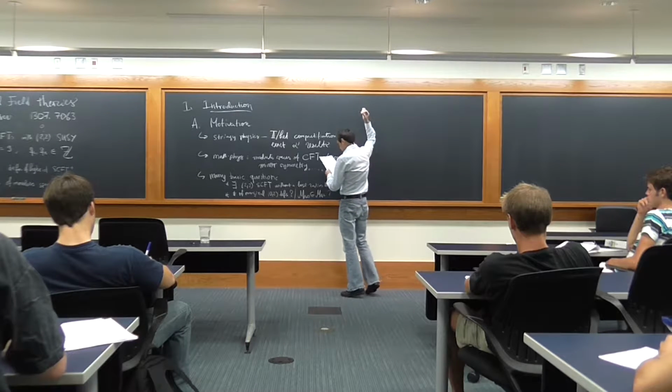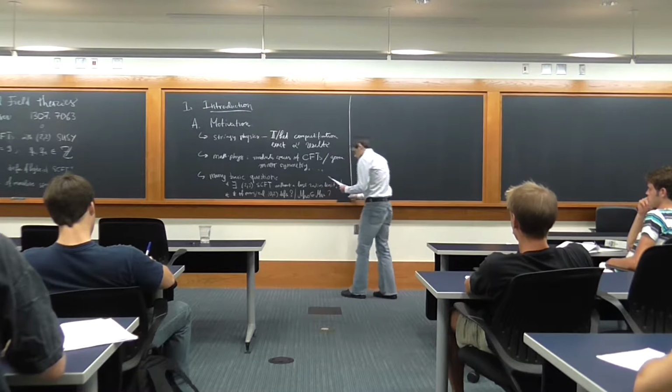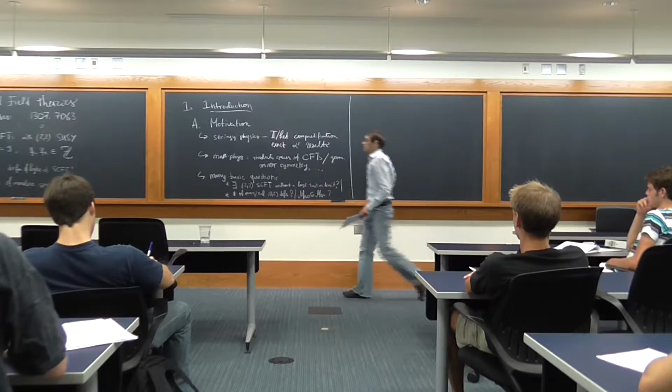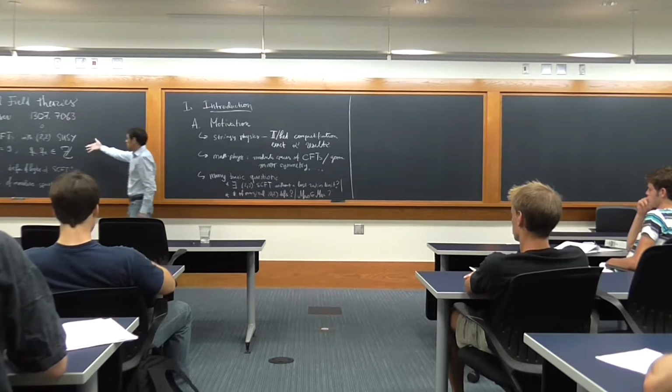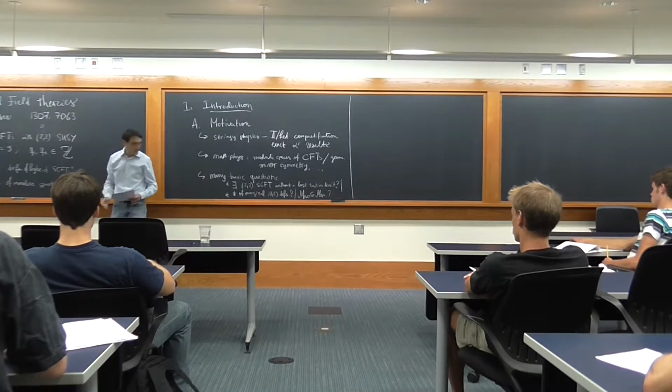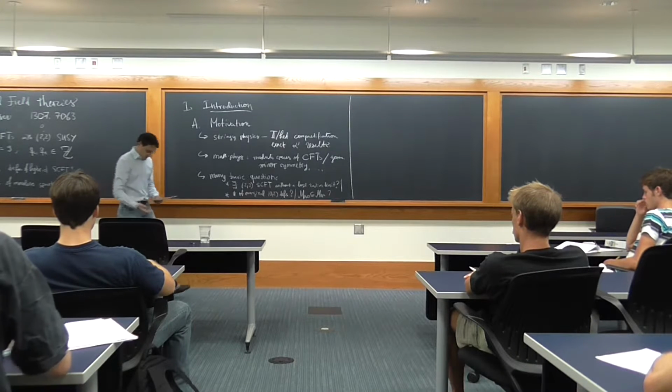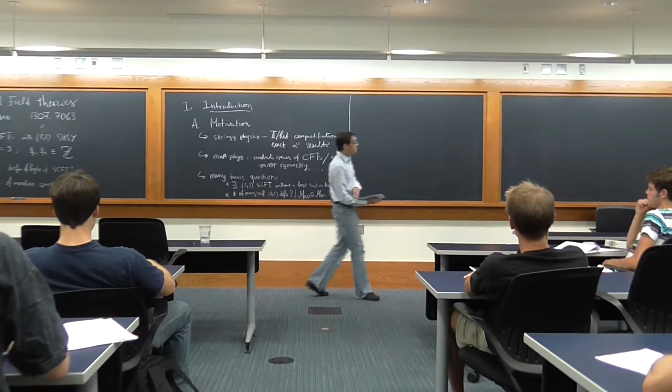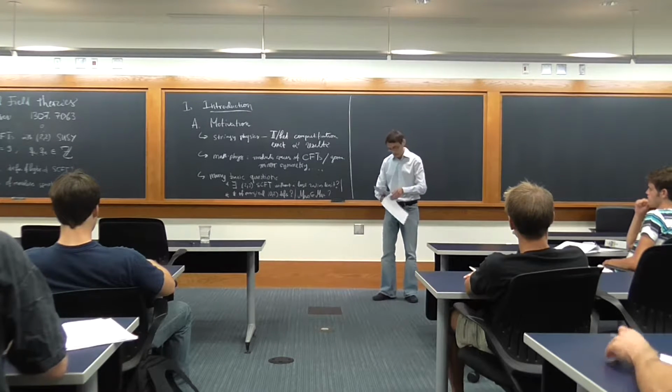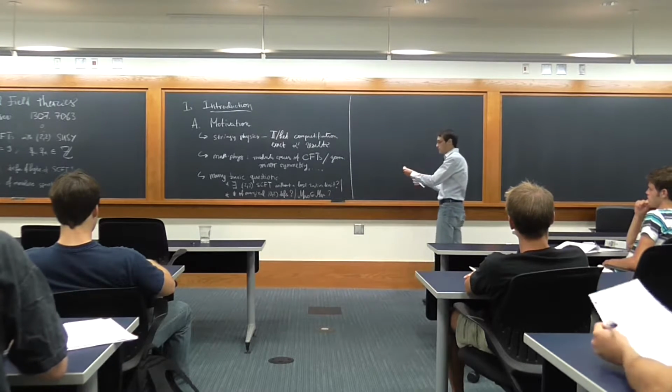So these are some basic motivational questions, and the point is that we don't have a complete classification of these kinds of theories, and so different ways of constructing the theories give you insights and lead to interrelations between different points in this big space of (2,2) theories.